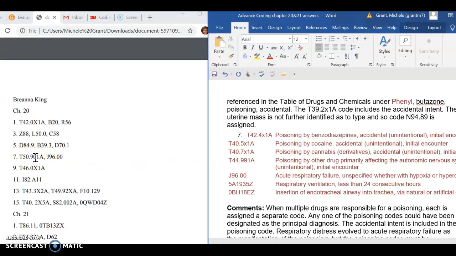Remember, we talked about this also. Poisoning's first, and then whatever is wrong with the patient comes in second, which is our respiratory failure. They did put the patient on ventilation, and they did an insertion of a tracheal tube. So once again, 4 poisoning codes because there's 4 different drugs.